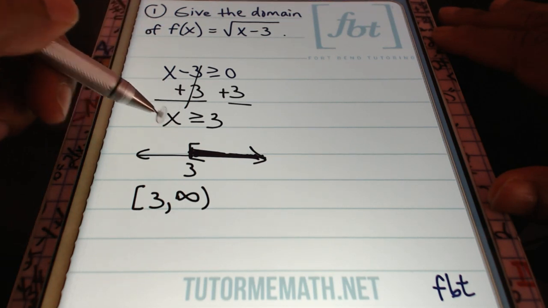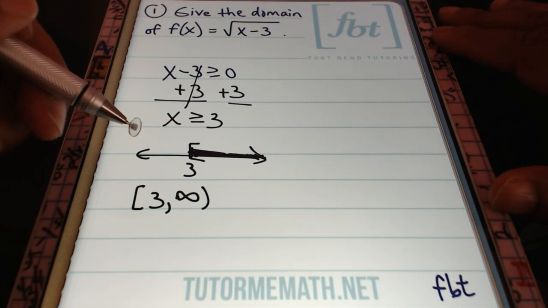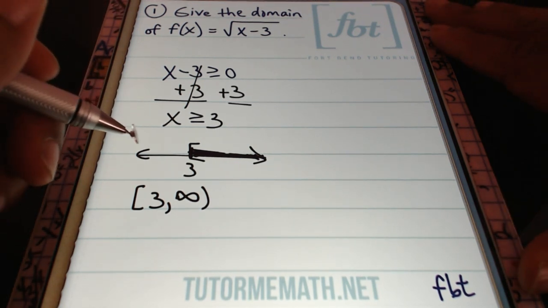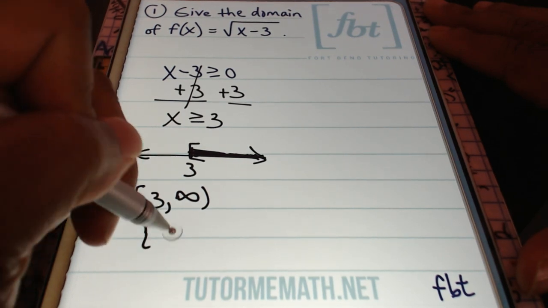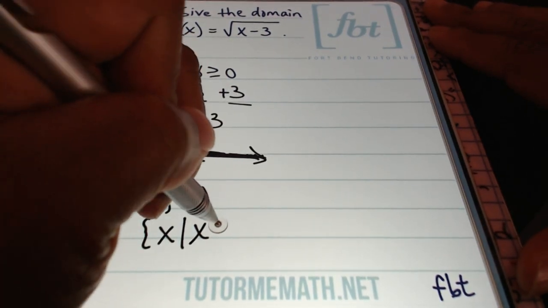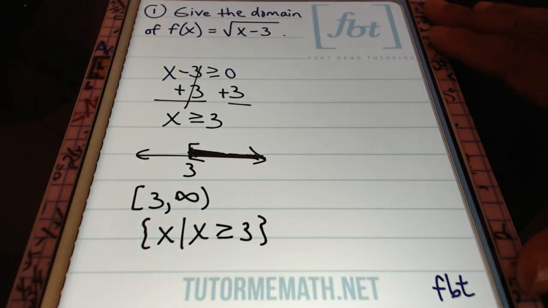You could have it written as a graph. You can also have it written in interval notation, and you can also write it in set builder notation. So bear with me a second to write this in set builder notation. There you go. There's set builder notation.